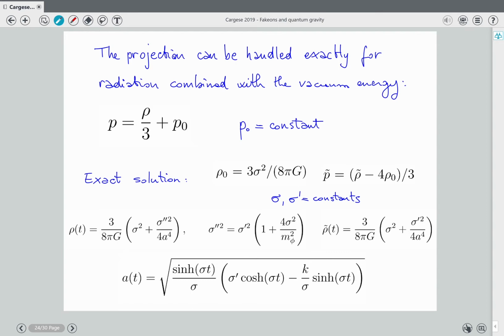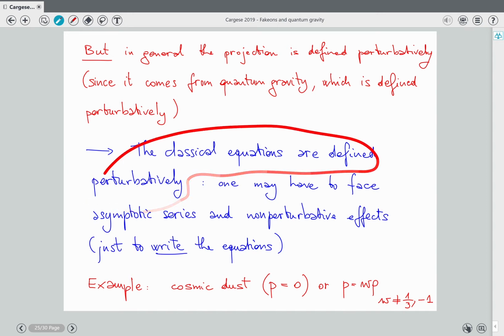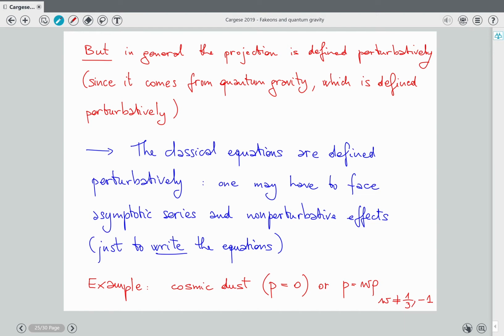You run into asymptotic series. Just to write down the classical projected equations, you will run into non-perturbative effects, even at the classical level. And already dust is a too difficult problem of that kind, or any other situation.